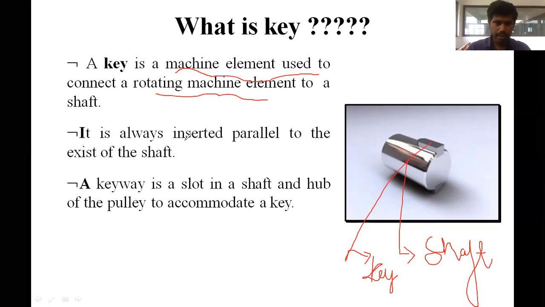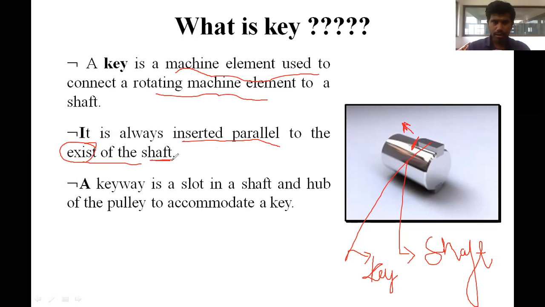It is always inserted parallel to the axis of the shaft. You can see the directions. It is always parallel and it is always placed at the end, at the axis of a shaft.